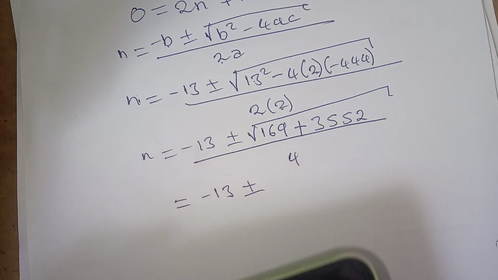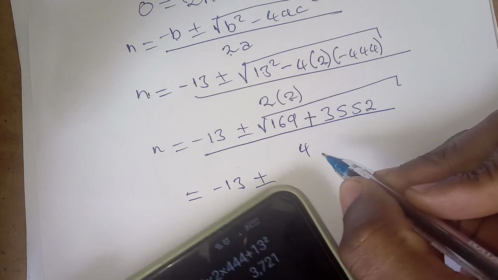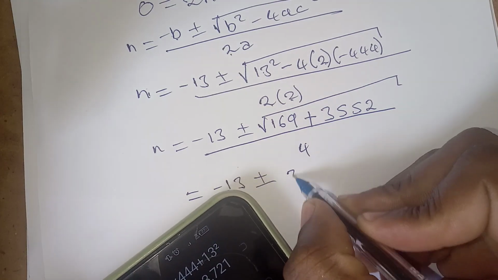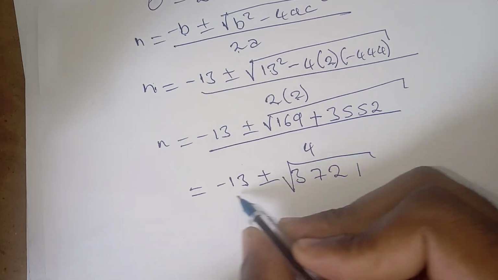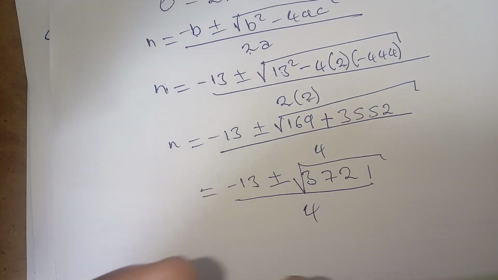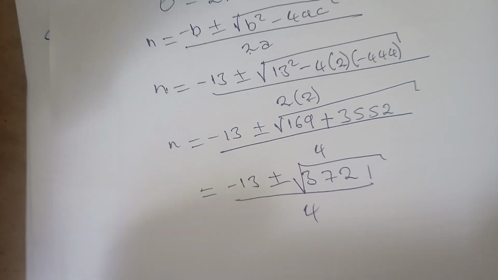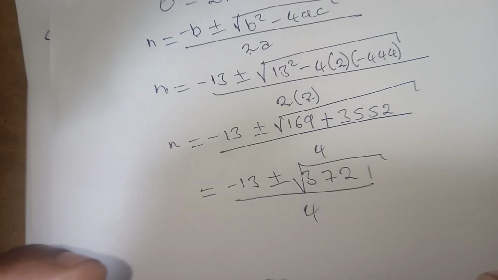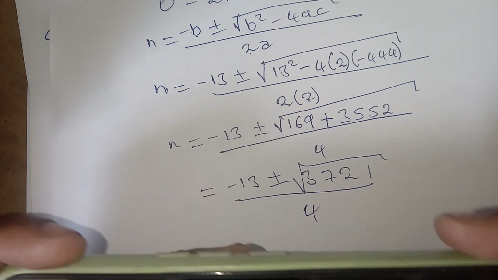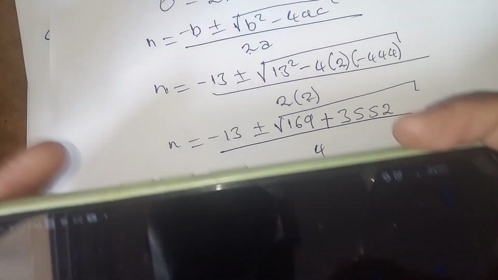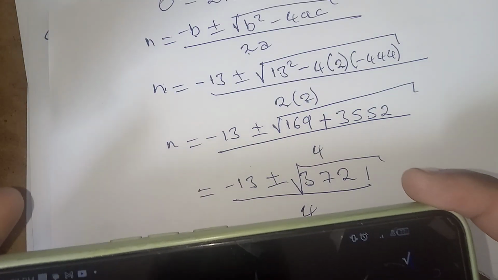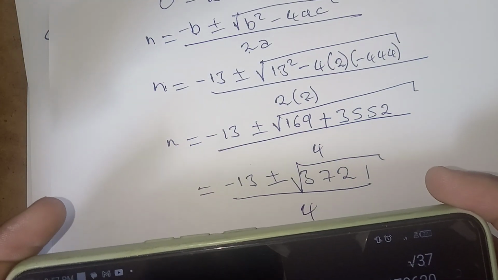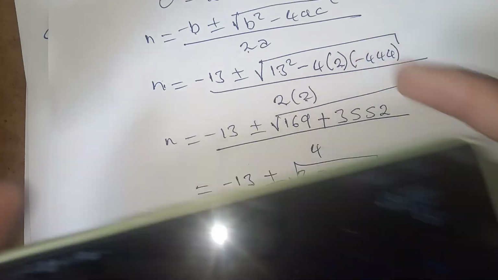Oh yeah, yes, that's correct. So we have 3721 everything over 4, and then the square root of 3721. This is why I don't like calculator work. 3721, this is 61.